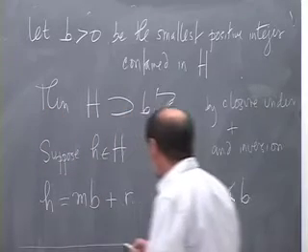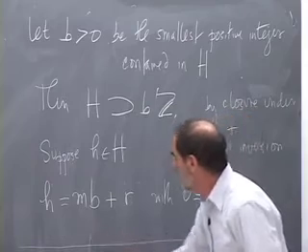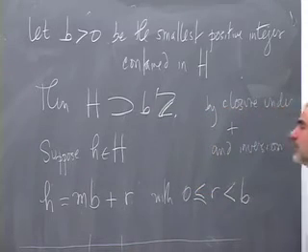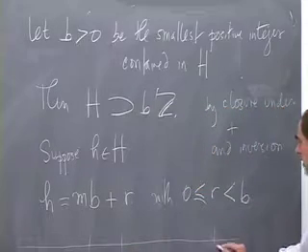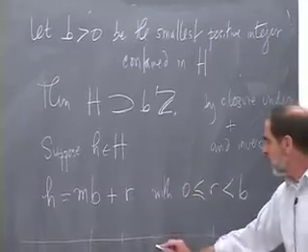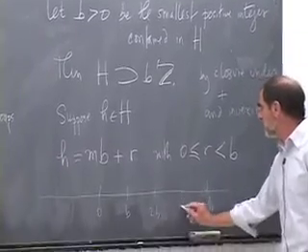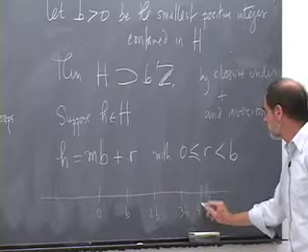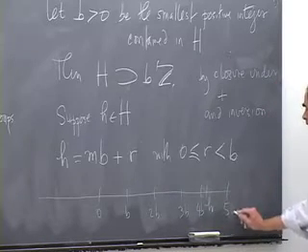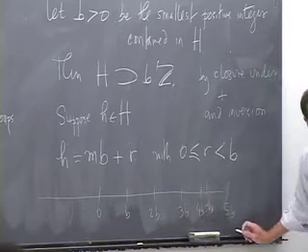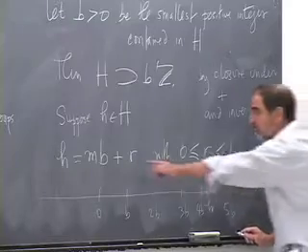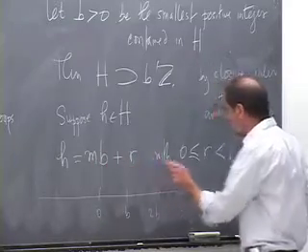If you think of the elements in the group on the real line, here's 0. Here's our smallest element, b, which is in H. Here's some other element, h, which is in H. We just go marching off here in multiples of b until h is squeezed between two multiples of b, which means that if we subtract that multiple of b from h, the remainder is less than b.